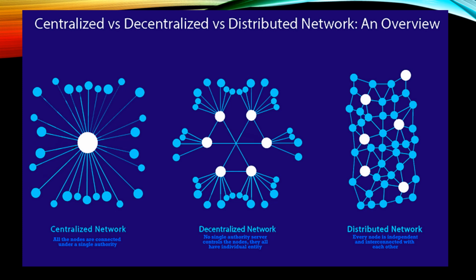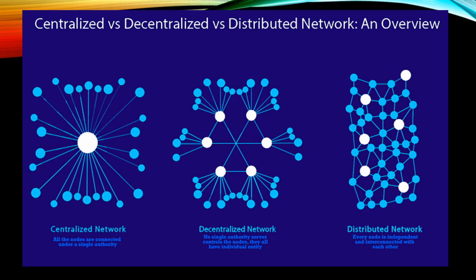If anything goes wrong in the central server, everything goes wrong. All the nodes are connected with the central computer and are dependent on the central server. So it is like a client-server architecture. There is a single organization in control of the entire system, that is centralized computing or a network.